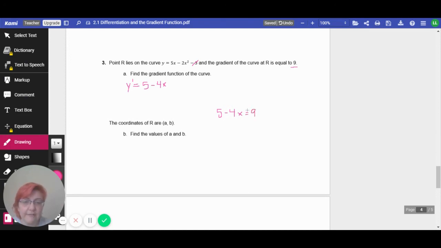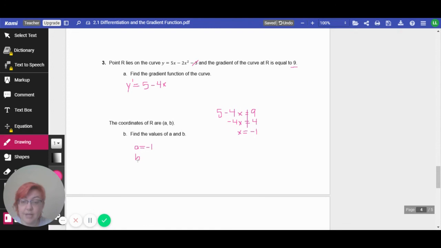I'm going to subtract 5 from both sides, and I'll find that negative 4x equals 4. Dividing both sides by negative 4, I find that x is equal to negative 1. Well, that's my x here, so a equals negative 1.